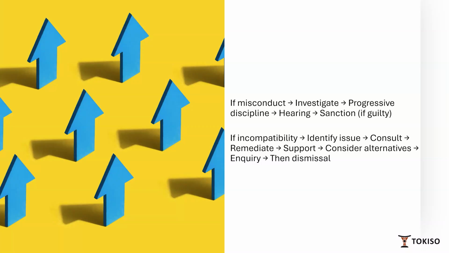There is an obligation on the employer to find steps to show that they have tried to correct this situation and give the employee an opportunity to change their behavior. If necessary, it may end up in an inquiry. And finally, if that relationship has broken down and the evidence supports that breakdown, then it can lead to dismissal.